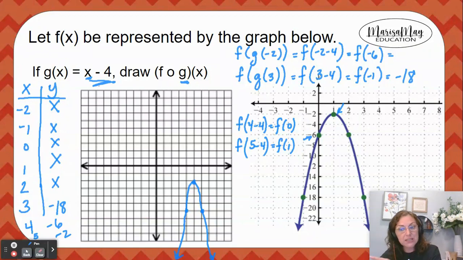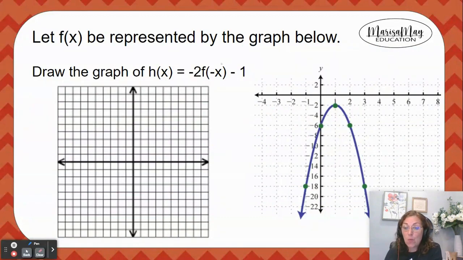And you're right. That's exactly what this is. However, sometimes we don't see that from the very beginning. So I encourage you to do the table if that helps. Just realize that sometimes you don't have all the information. Like look at all those x values I had to skip. I couldn't use because I didn't have the x values in the graph of f of x to work with there. So I hope that helps.